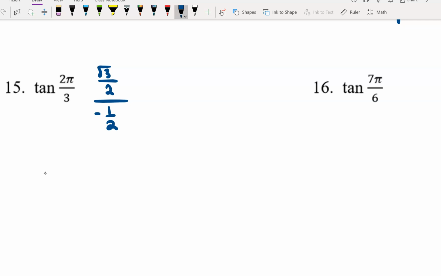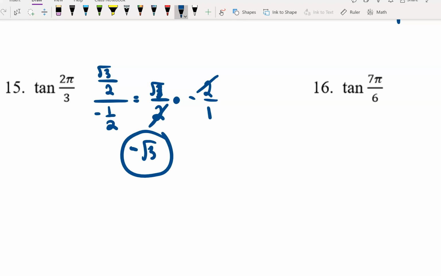A couple different ways to think about this, but I guess the best way is probably to just write this out as root 3 over 2 times, since this is division, it's like multiplying by the reciprocal, so times negative 2 over 1, and the 2's will cancel. So we'll end up getting negative root 3 over 1. You don't even need the over 1. So our answer is just negative root 3.